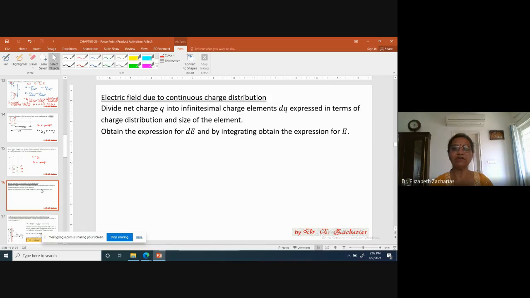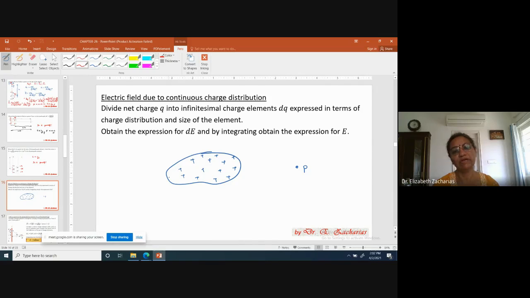Just like we did in the case of forces, if this is my charged object and I am interested in finding out the field at some point here because of the charges here, let's say it is uniformly charged. So what should I first do? Tell me.